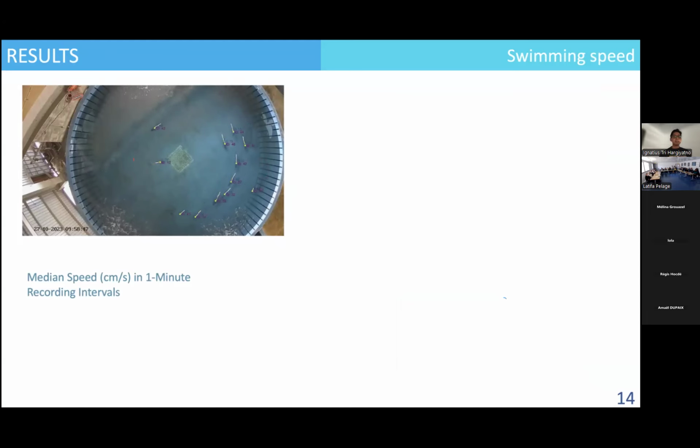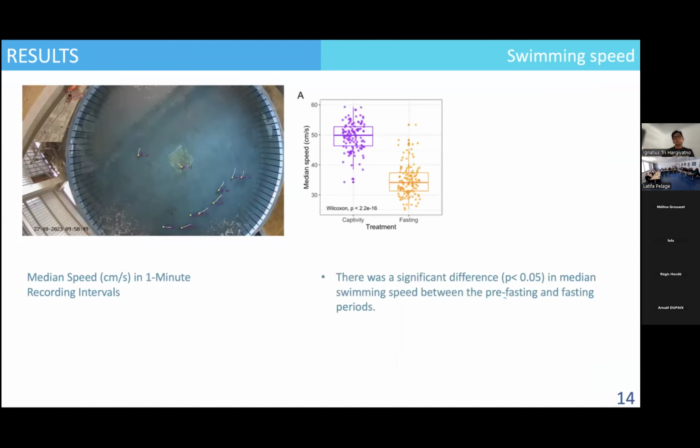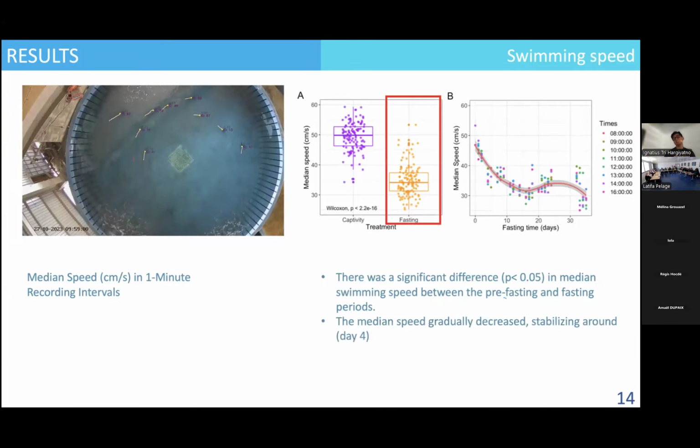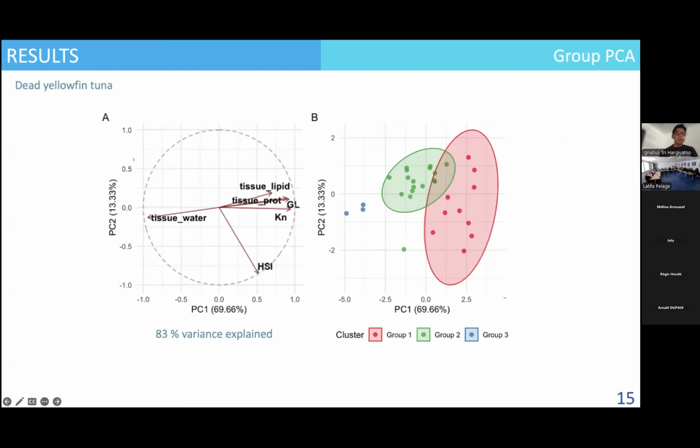There was a significant difference in median swim speed between the pre-fasting period during captivity and the fasting period. During the fasting period, there is a gradually decreasing trend in the beginning, and it stabilizes around day 4 until the end of the experiment.